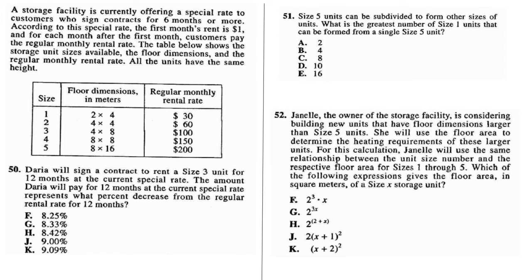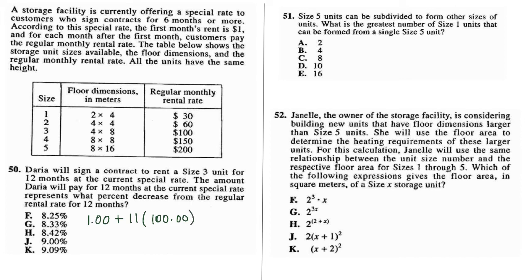Okay, so let's see what we've got to do here. Well, our special rate, so we have $1 plus, and for the next 11 months, she's going to pay $100.